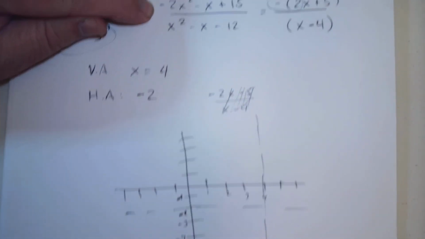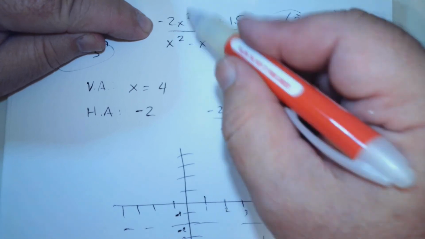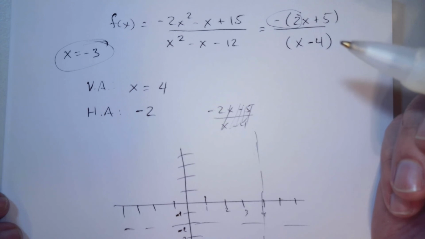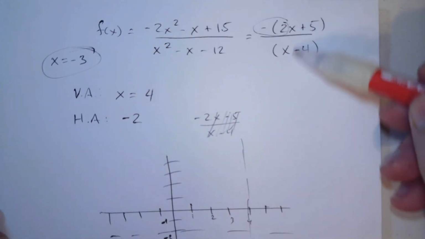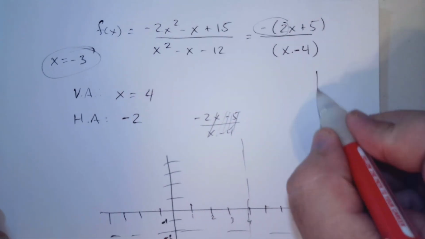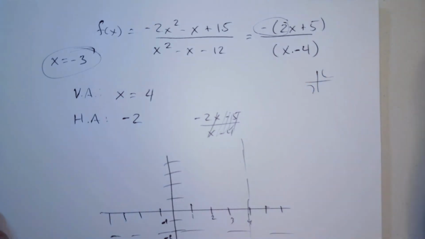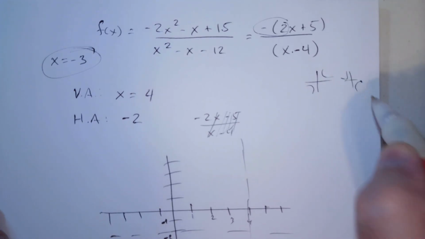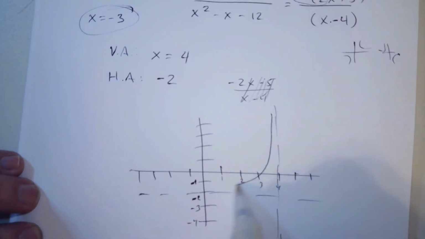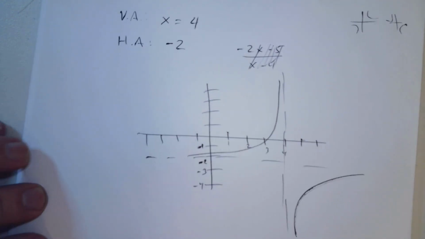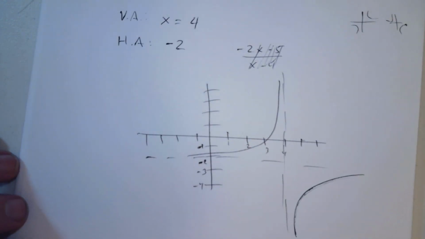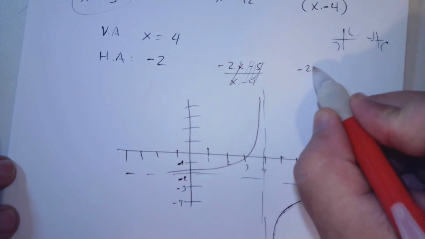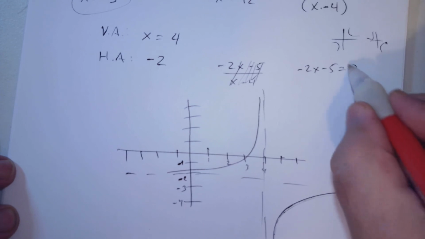Since they cancel out, this is simplified. This is 1 over x. Remember, the 1 over x function looks like this. But since it's negative, it's now going to switch. So our x-intercept is going to be where negative 2x minus 5 is set equal to 0.